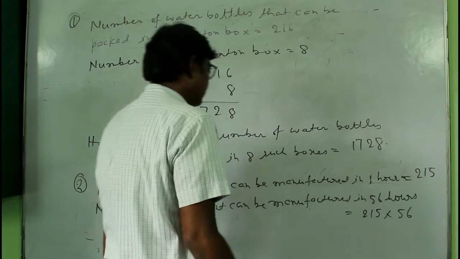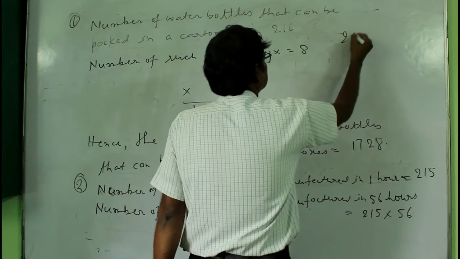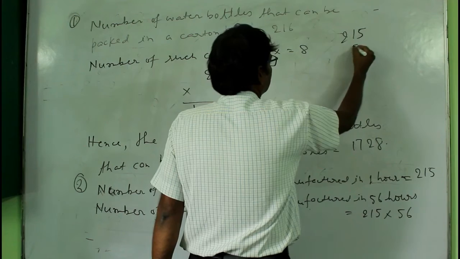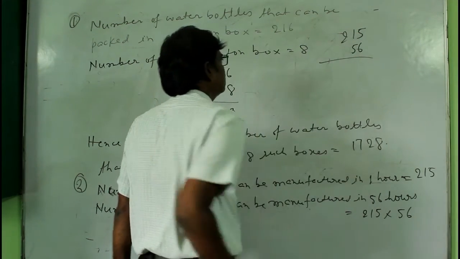So you will multiply here this number. Okay, 56, and you will show this multiplication in the answer.